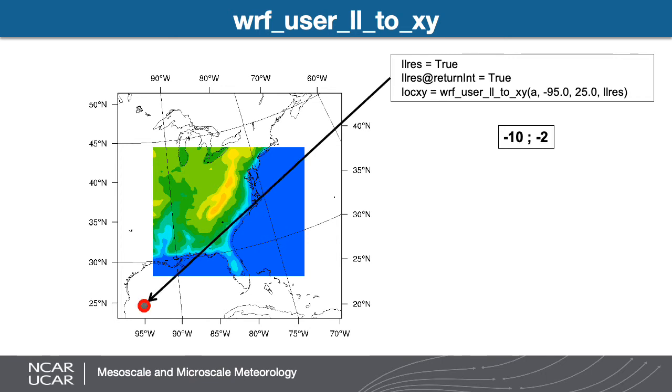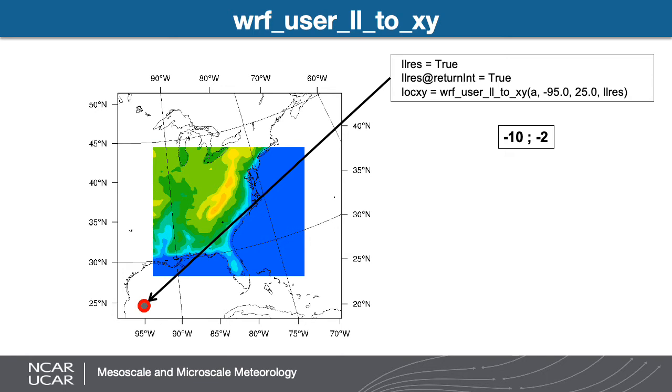One thing that's also really important is you need to be aware of the size of your domain and which latitude and longitude points are outside of your domain. In this case, we put in a longitude of -95 and a latitude of 25. These are, however, outside of our domain.